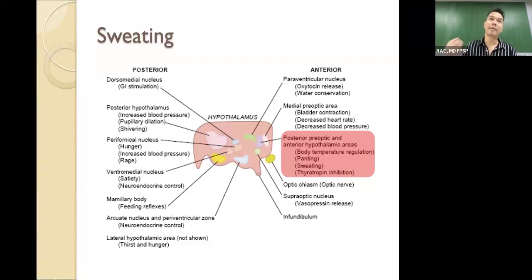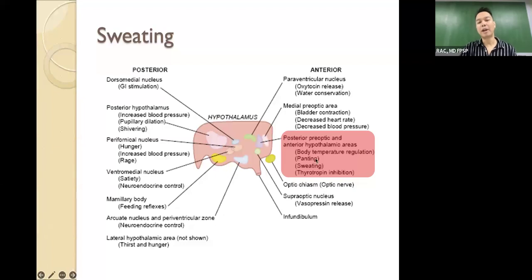Whenever the body detects a warm temperature, the posterior preoptic anterior hypothalamic region is activated, and it now activates heat-losing mechanisms, for example, sweating, panting, and inhibition of thyroid hormone release. This will allow the body to dissipate heat just to maintain core temperature.